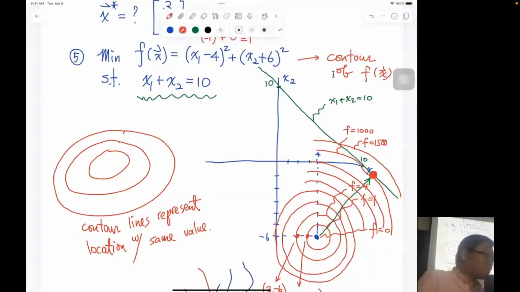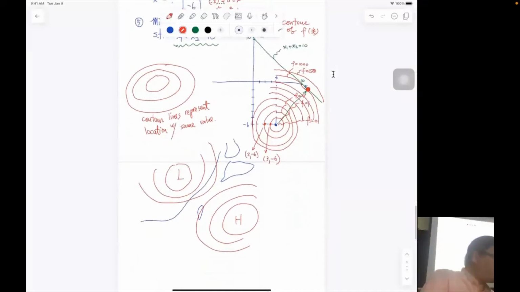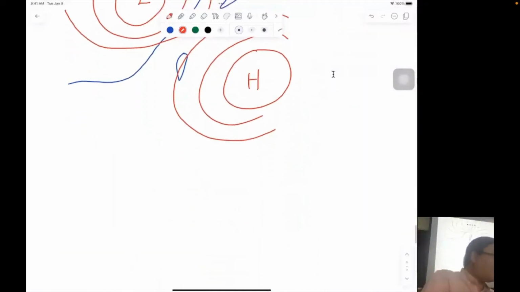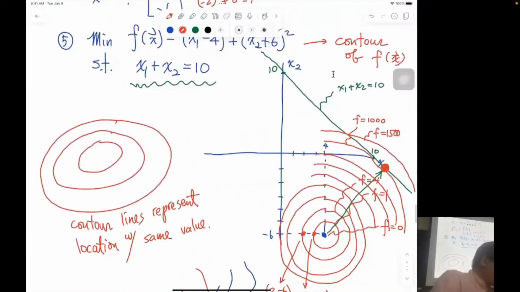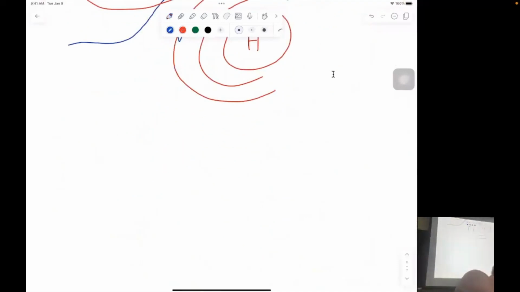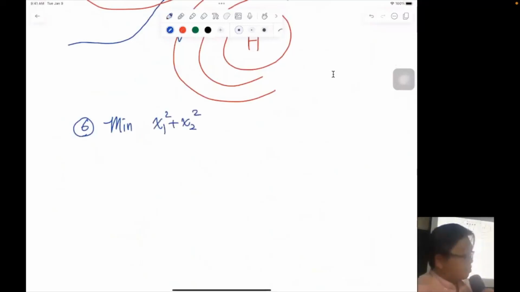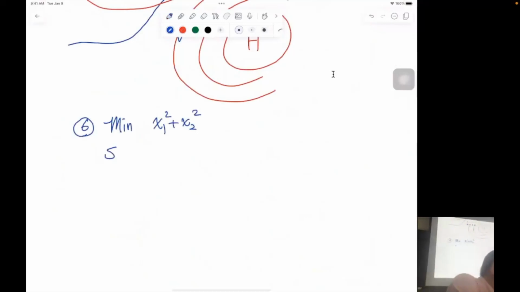Okay, let's play with math and talk about a different problem. Number 6. This time, I want to have an easier objective function. But for the constraint, I would like to say, sorry, x1 plus x2 must be greater than or equal to 3.